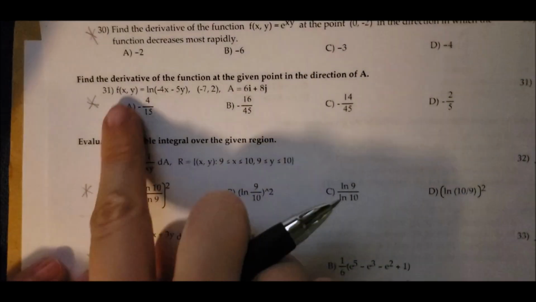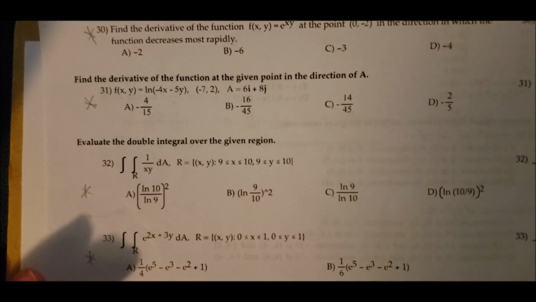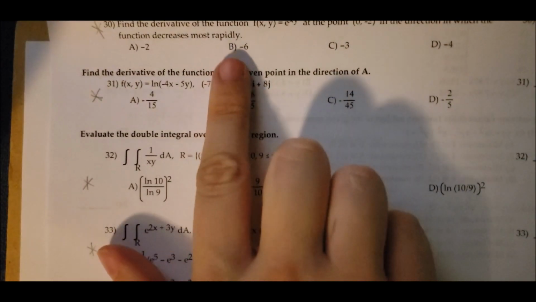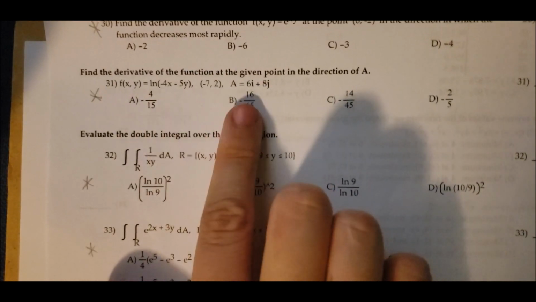And 31 is saying find the derivative of the function of the given point in the direction of A. So this one is basically the same thing, but it's giving us a vector to look at in that direction.